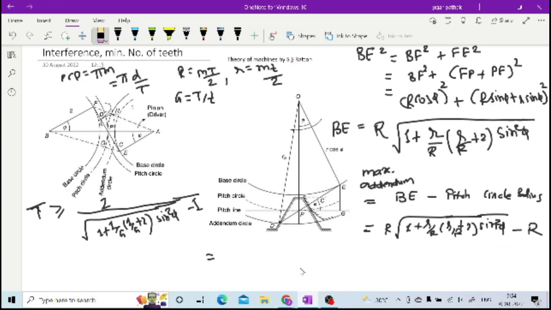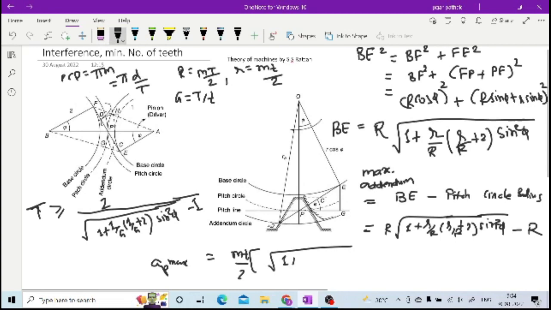AP max for your pinion can be written as mt by 2, in brackets, root of 1 plus G, 1 plus G plus 2 sine square phi, minus 1, right?